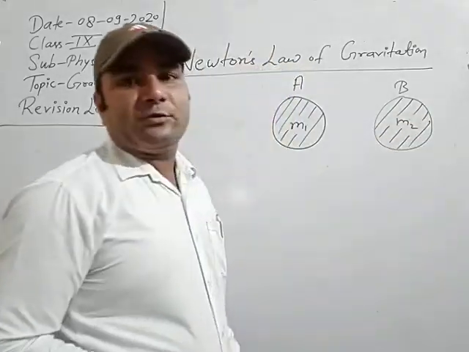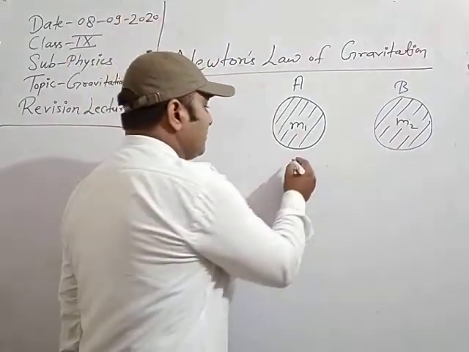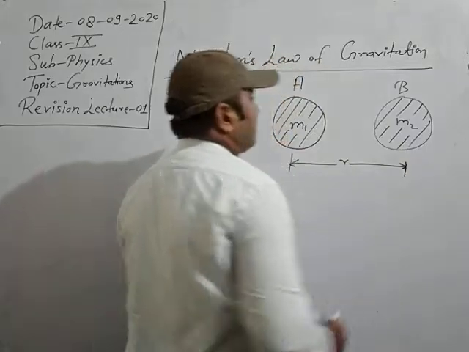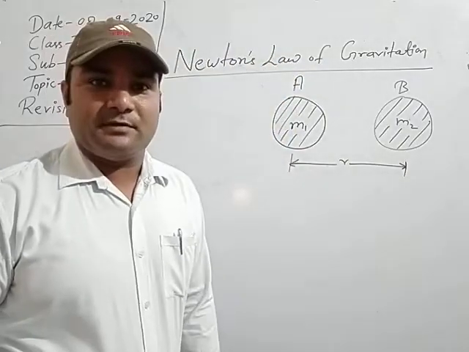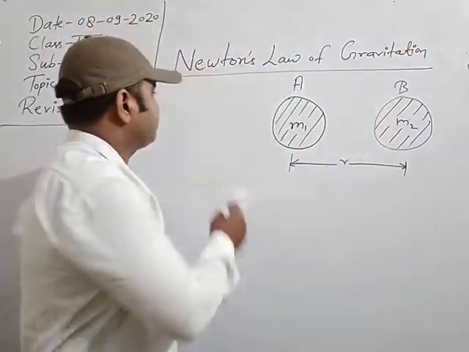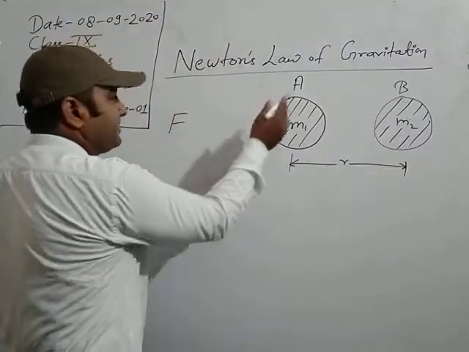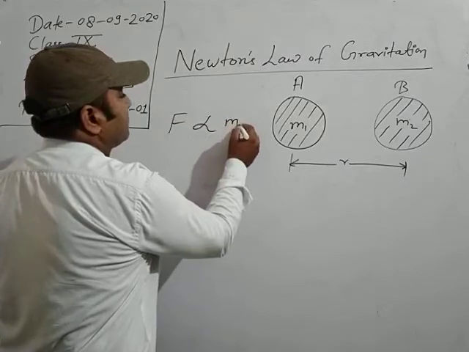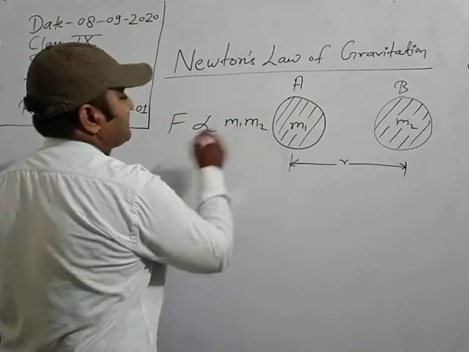Then according to Newton's law of gravitation, the force of attraction between these two bodies, that is F, is directly proportional to the product of masses.